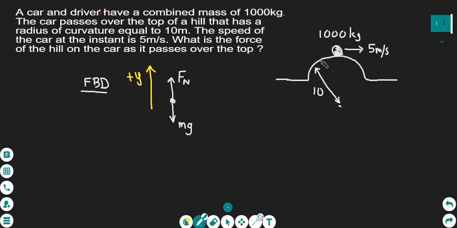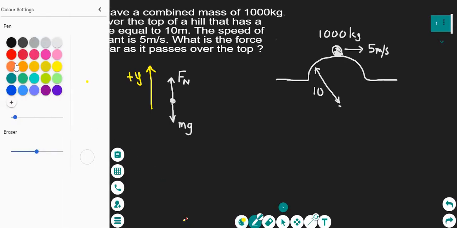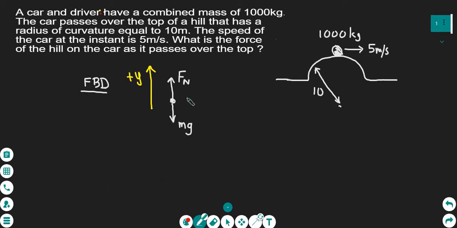Now, as I told you before, since this is moving in a circular path, there's an acceleration acting on the object, and that acceleration is towards the center of the circular track, and that is what we call the centripetal acceleration. So the acceleration in this case is towards the center, so that means in the downward direction.